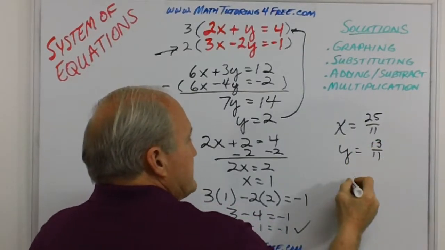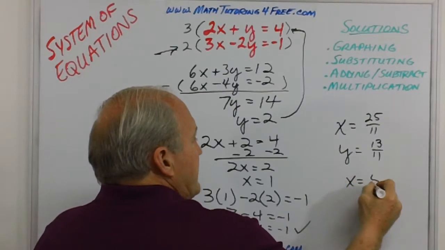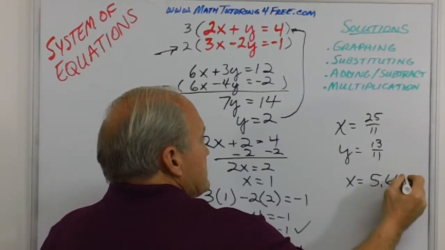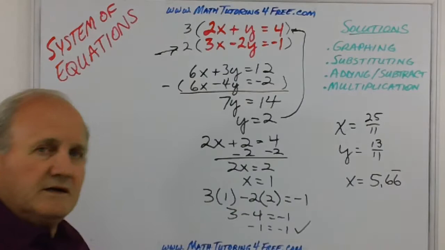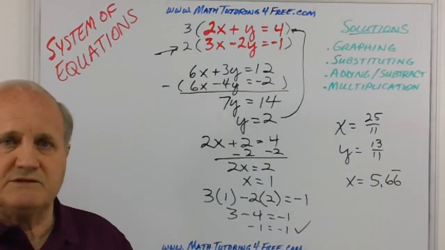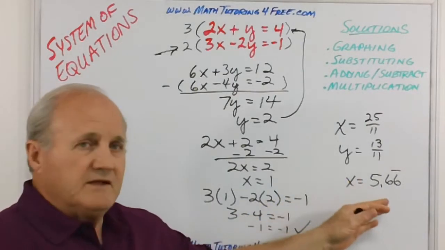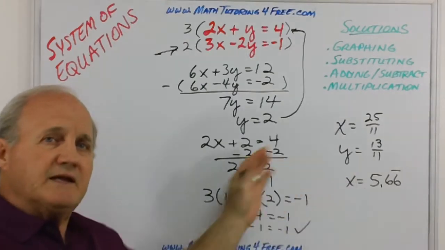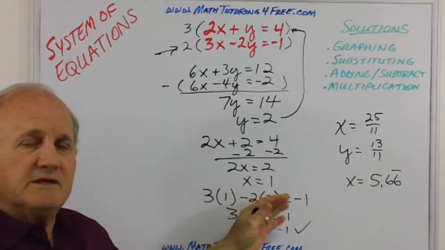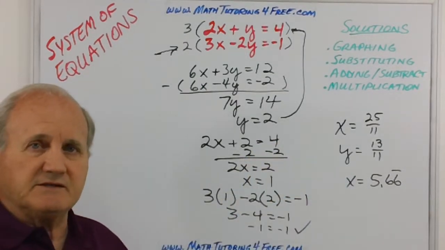Those kind of answers, you might have x is equal to 5.666. Don't be surprised when you see that, but again, don't just accept it, put it back into the original equations and see that everything checks.